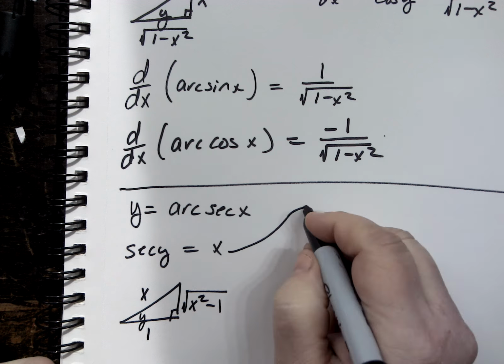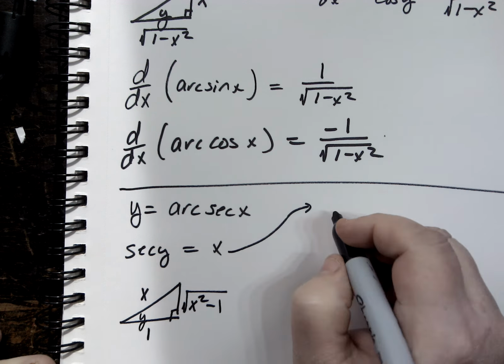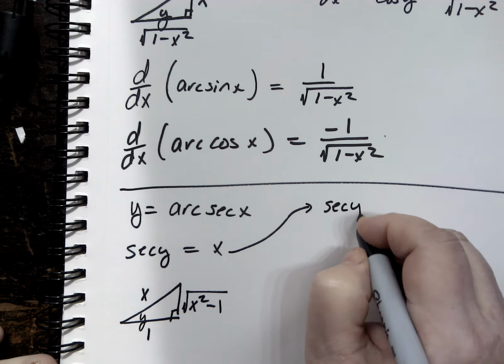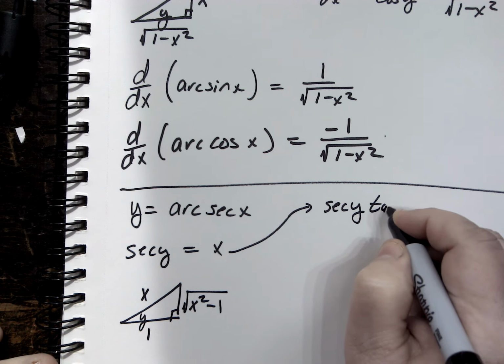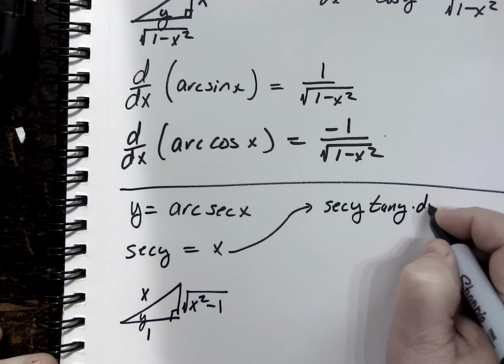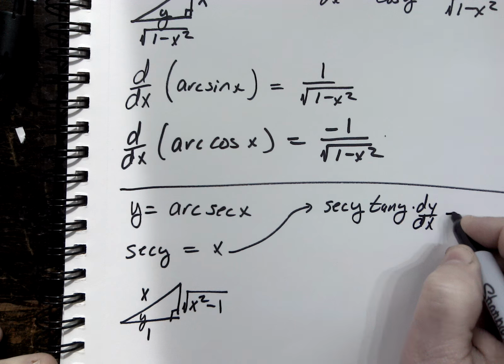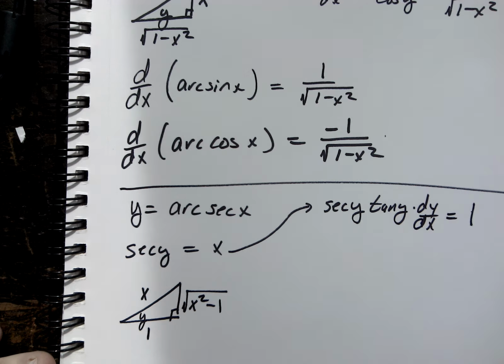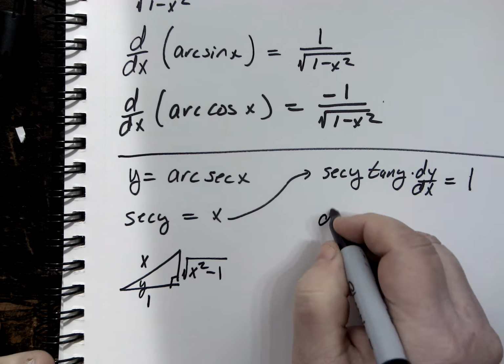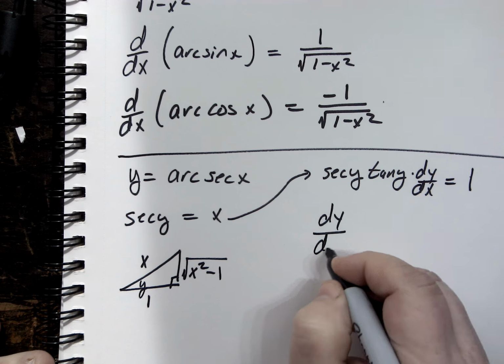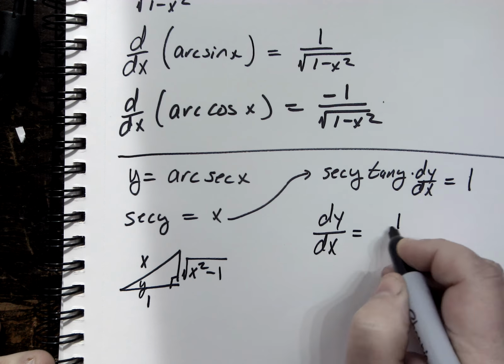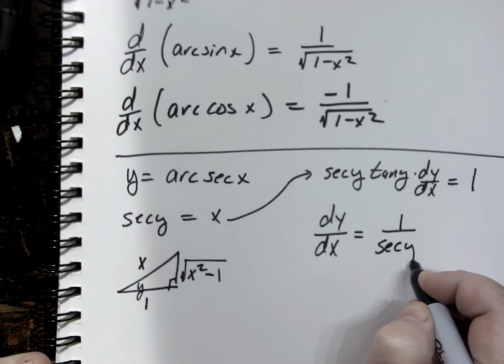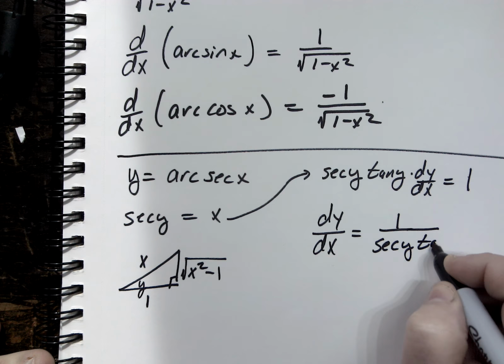Now, using this, I'll take the derivative. The derivative of secant of something is secant of that, tan of that, times dy/dx, and that has to equal 1. Solving for dy/dx, I get 1 over secant y times tangent y.